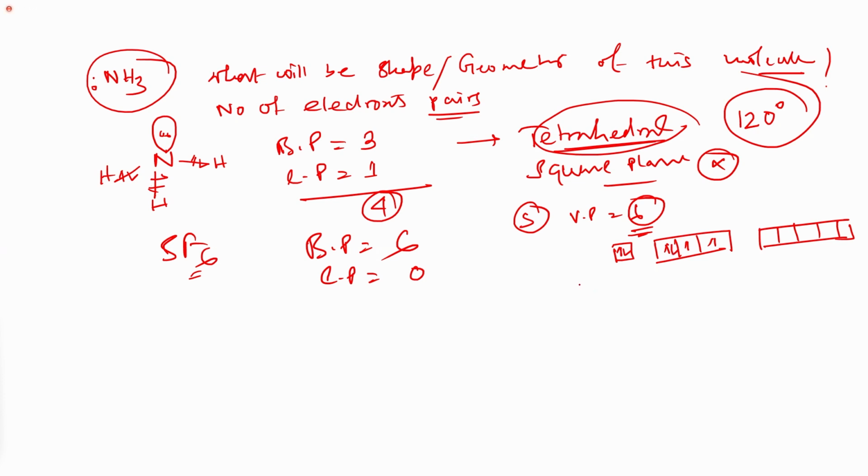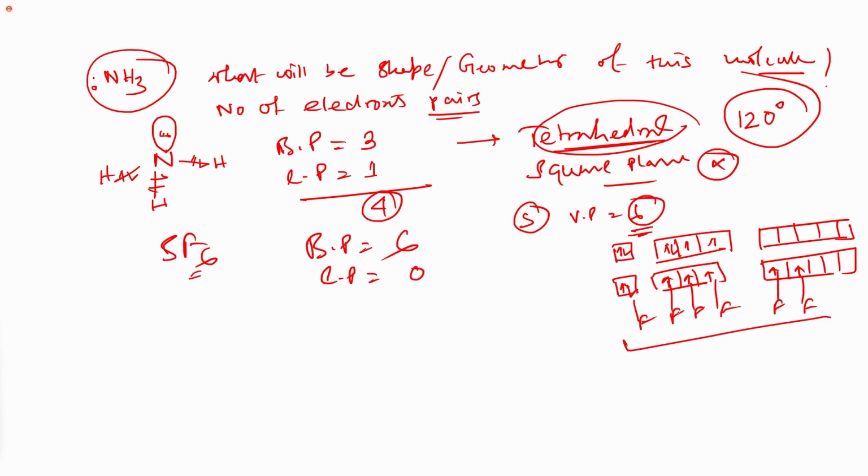But again, due to the presence of the fluorine, these electrons will be unpaired. So again, there will be fluorine coming, fluorine coming, fluorine coming. So total 1, 2, 3, 4, 5, 6: 6 bonded electron pairs.